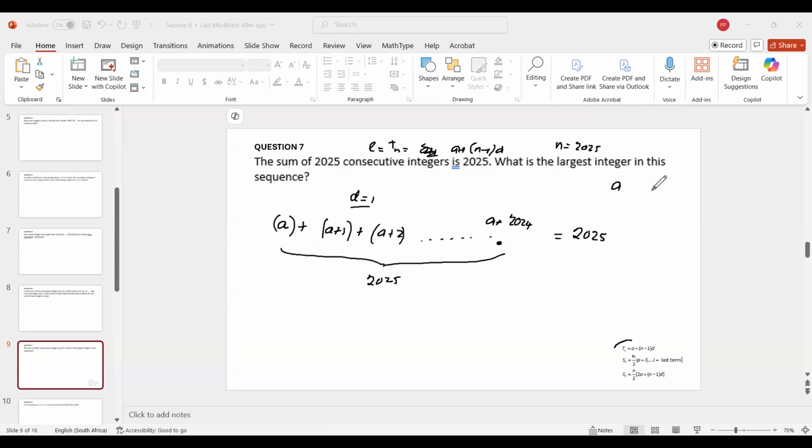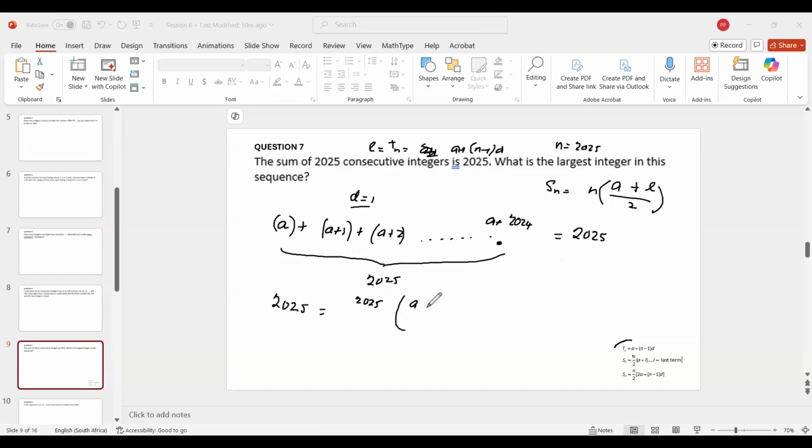Now we know a formula for the sum. If you know the first term and the last term, you find the average of those two and multiply it by the number of terms, and that will give you the sum of the n terms. So the sum, which we already know, is equal to the number of terms, 2025, times the average of the first and the last.